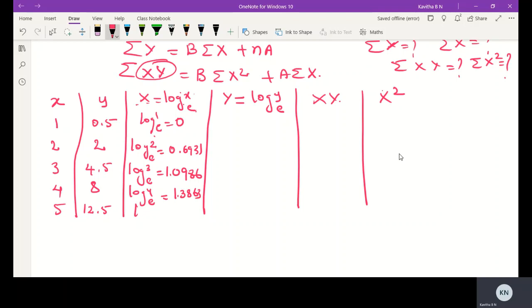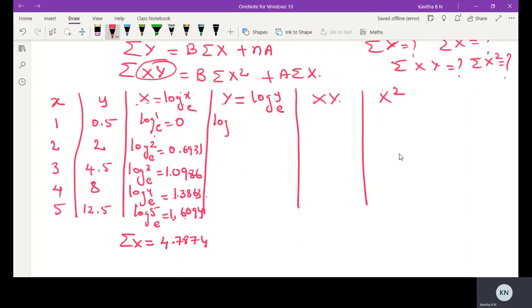Log 5 base e is 1.6094. Then summation of capital X is what? Add it here: 0 plus 0.6931 plus 1.0986 plus 1.3863 plus 1.6094. Add it, you will get 4.7874.